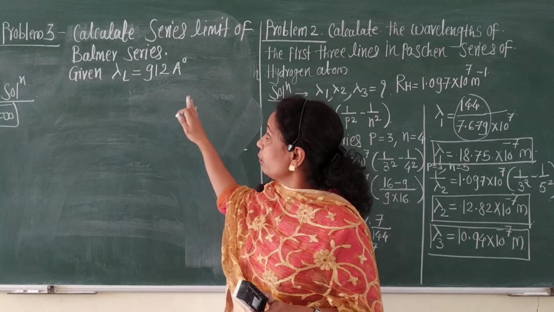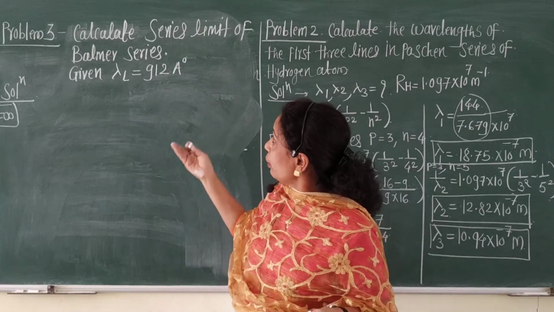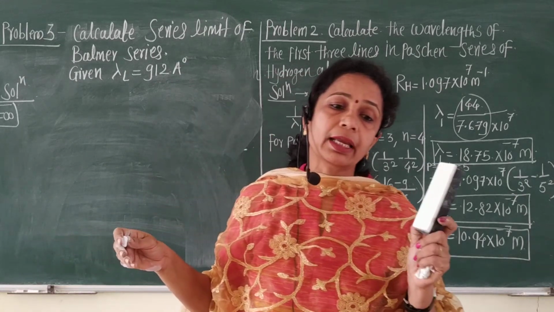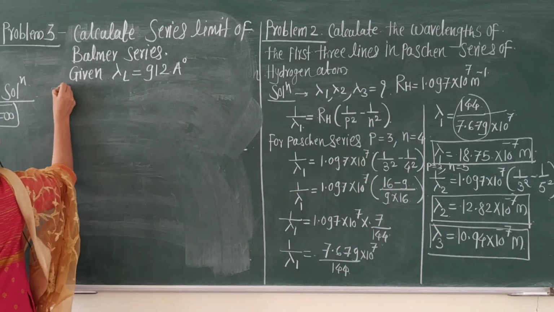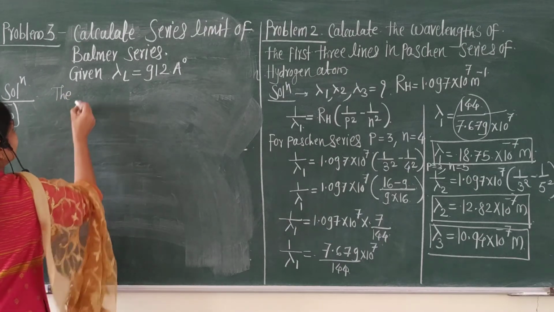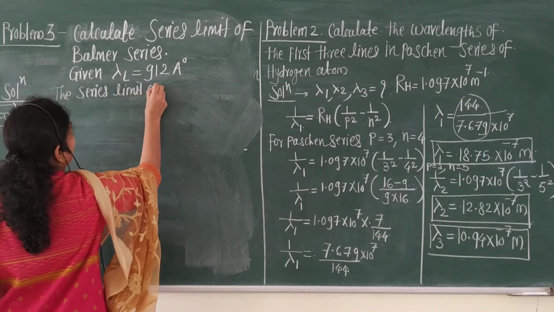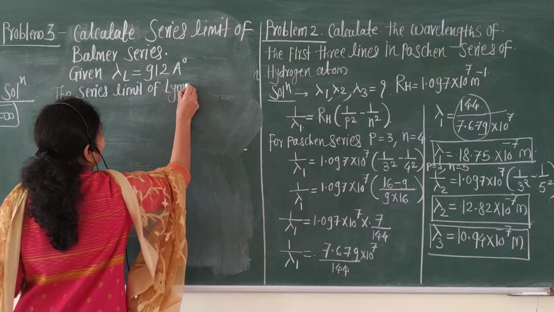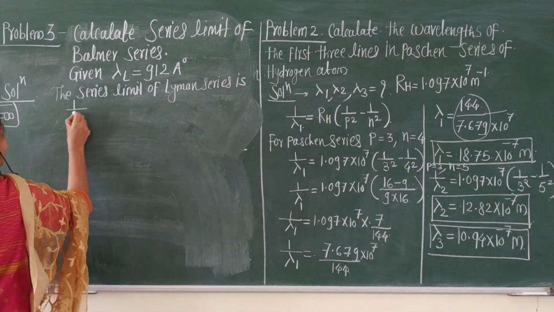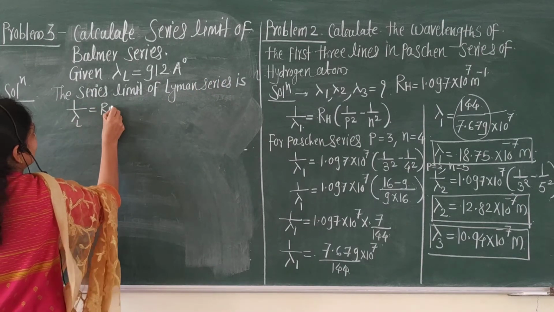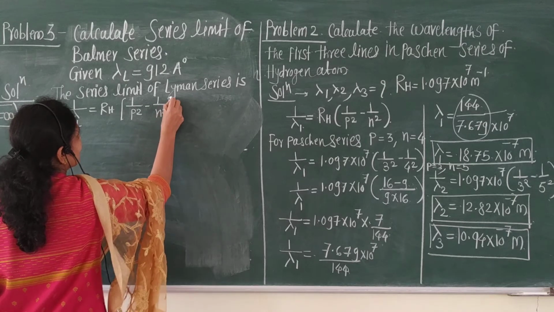आता here we have given lambda L, the wavelength of Lyman series. Okay, and we have to calculate the series limit of Balmer series. Then first formula, the series limit of Lyman series is 1 upon lambda L is equal to RH into 1 upon p square minus 1 upon n square.